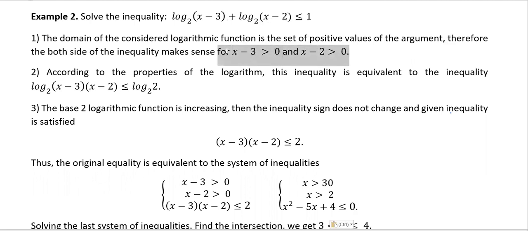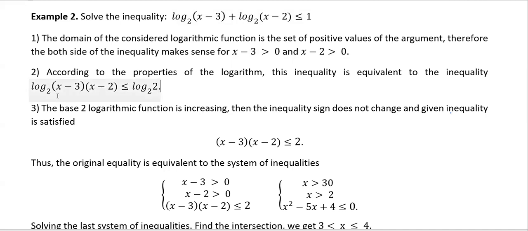According to the product rule and the identity rule, we transform the given inequality from this form to this form, and since this inequality has the same base on both sides, we isolate the logarithms.